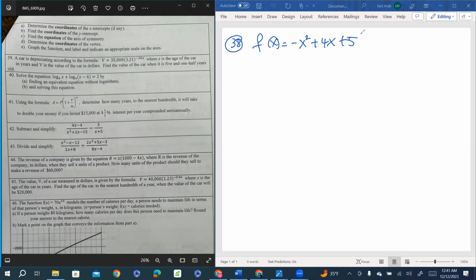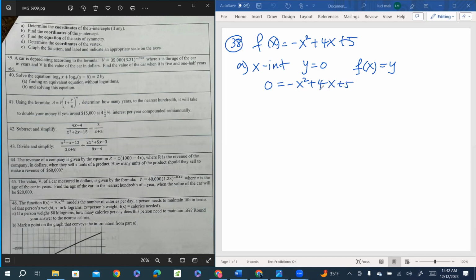If we want to first find the x-intercept, for part A, we know y equals 0. We also know f of x is y, so replace f of x by 0. So 0 equals negative x squared plus 4x plus 5.